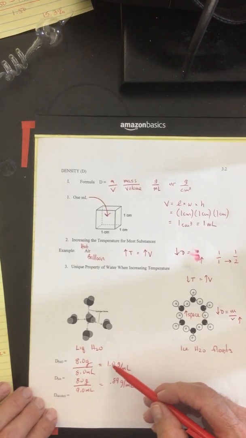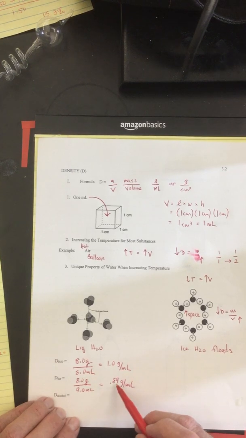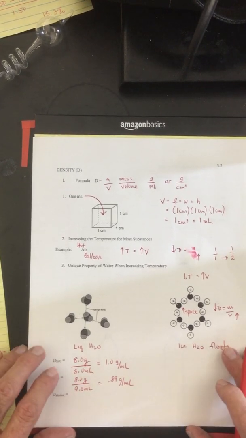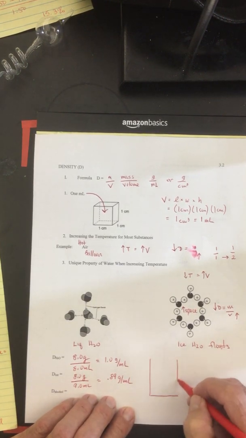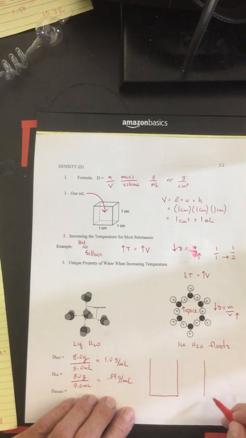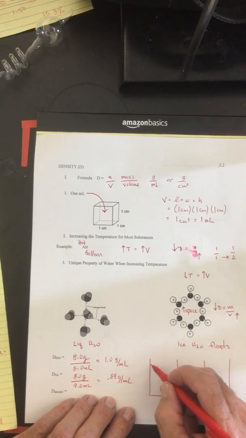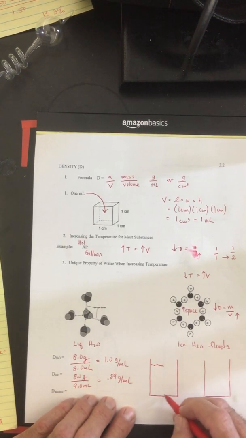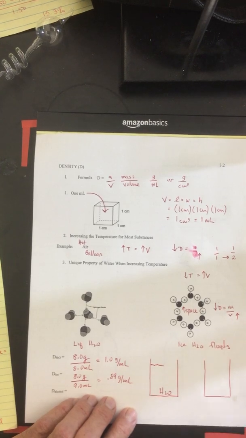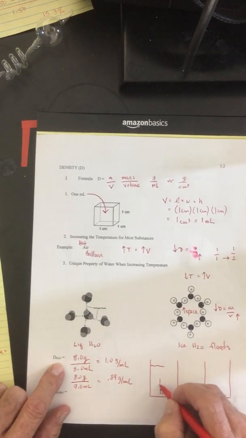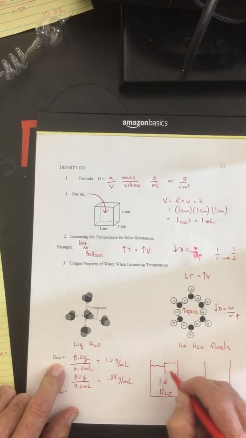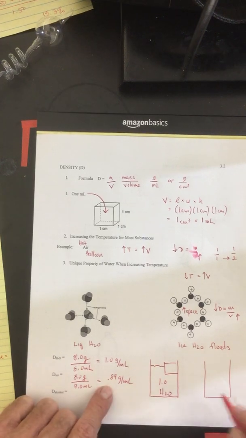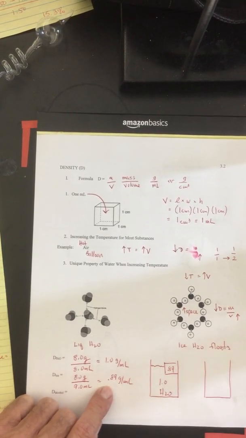So density of water is 1. The density of ice is 0.89. Let's draw a scenario over here and draw 2 scenarios. Scenario 1 and scenario number 2. Here is water, and again, the density of water is 1.0. My ice should be floating on the top because its density is 0.89.